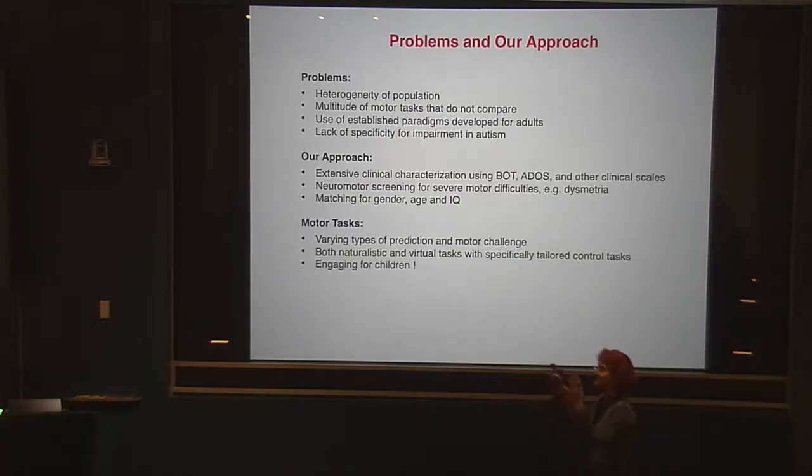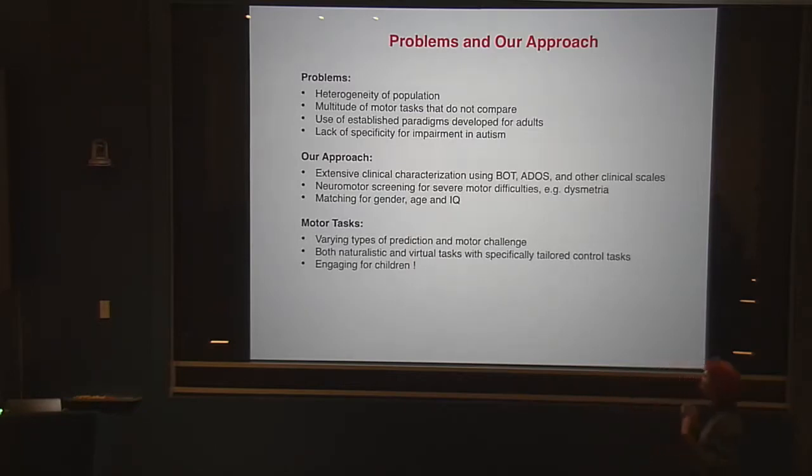People choose tasks that they have in their lab, use them, and then it is very difficult to generalize over different studies from different labs, with different motor paradigms. There is also a tendency to use the paradigms that you already have, often developed for adults, hence you have a normative database for neurotypical adults, and use them for children. Such paradigms are not specifically developed for children, nor for autism.